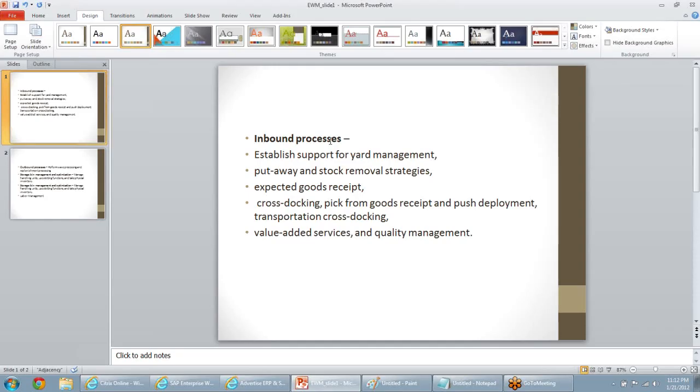I do not have much awareness about WM, but I have gone to a number of SAP presentations with real-time clients. What I felt was EWM is different from the traditional WM model.